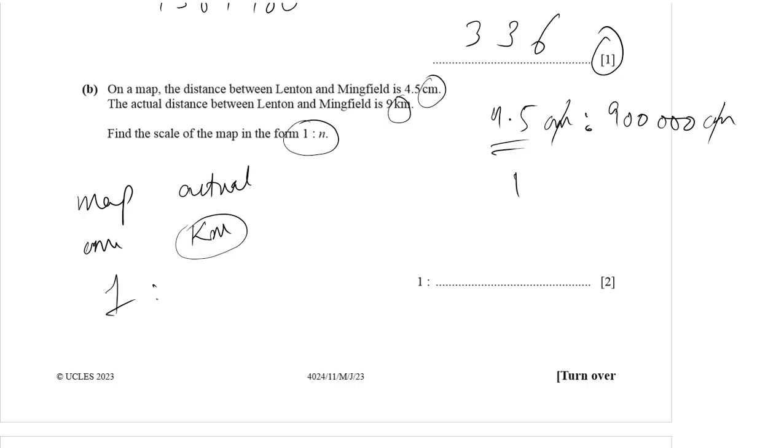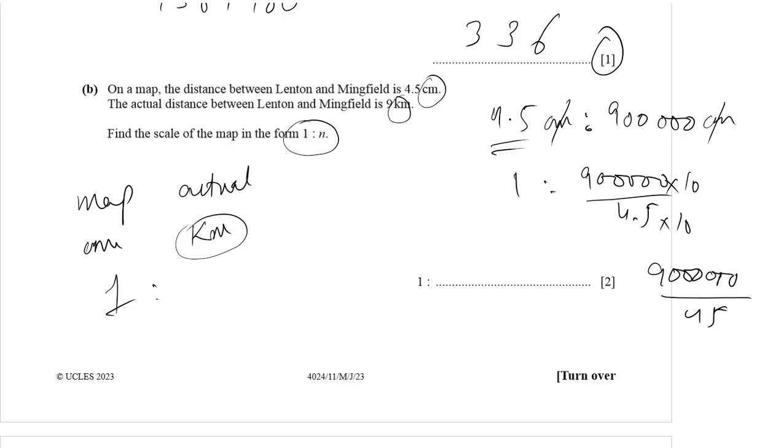So 1 ratio 900,000 over 4.5, multiply by 10 in both numerator and denominator to remove the decimal. So it will be 9 million over 45. So 45 times 2 is 90. So my answer would be 200,000.